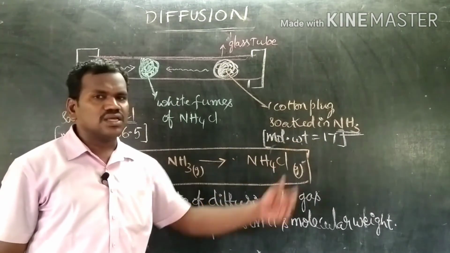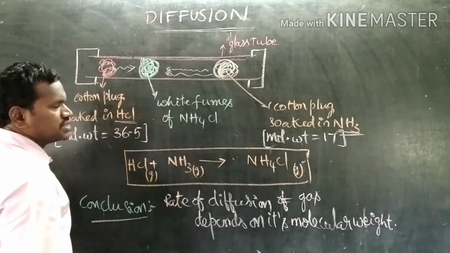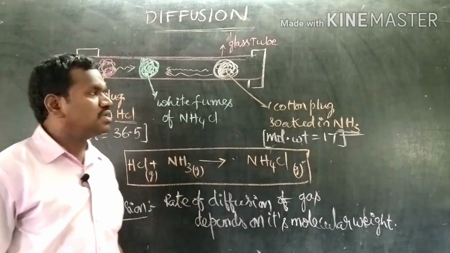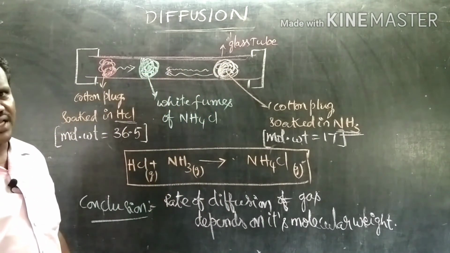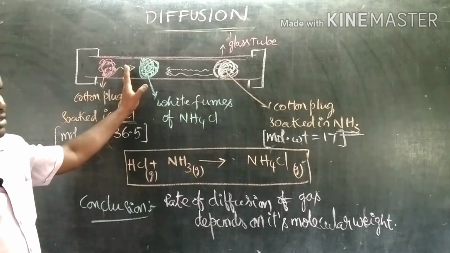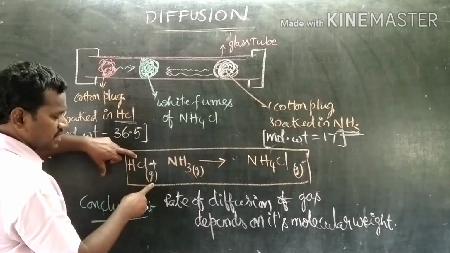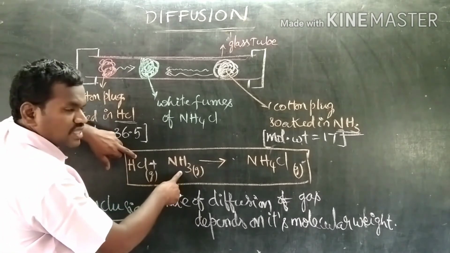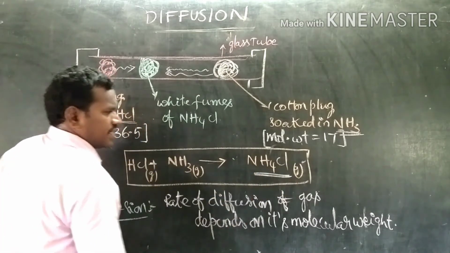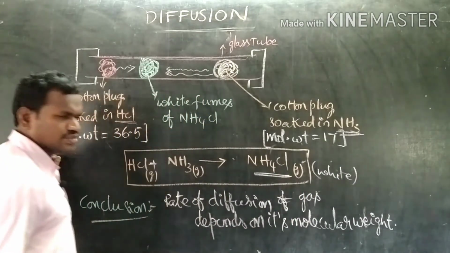Because of the lower molecular weight, the fumes coming from the cotton plug soaked in ammonia diffuse rapidly when compared to the rate of diffusion of HCl. Then the fumes of hydrochloric acid, HCl, which is a gas, mix with the fumes of ammonia to form ammonium chloride, which appears in the form of white fumes.